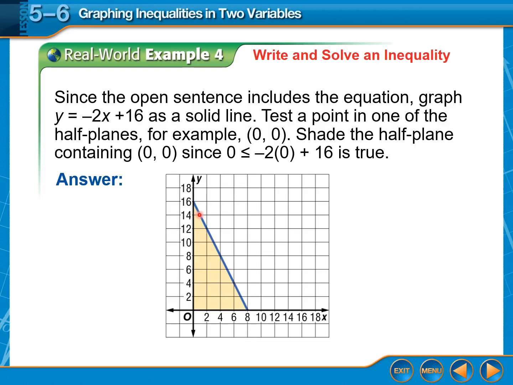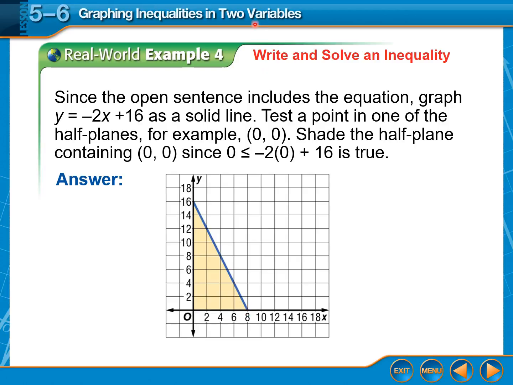I go down 2 as I go over 1. To get the next one, I move over another 1. I move down 2 more. So 2 is now down to 12. 3 is down at 10. 4 is at 8. 5, 6, and so on. All the way down to where y is 0 at x equals 8.